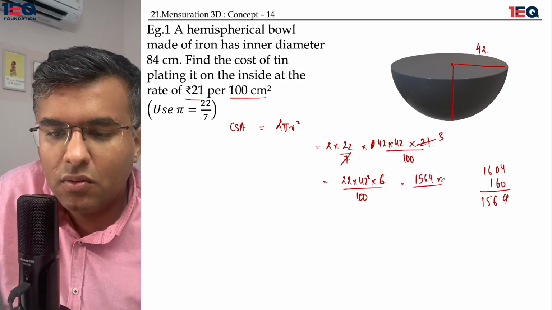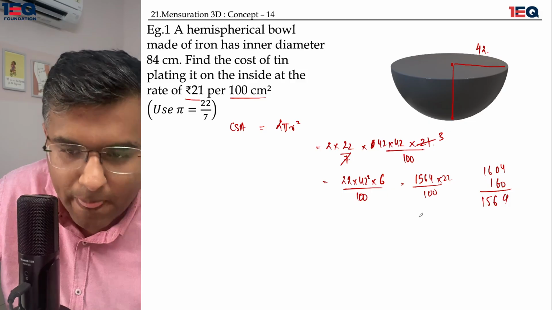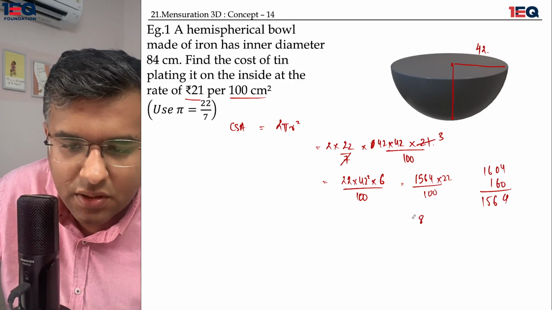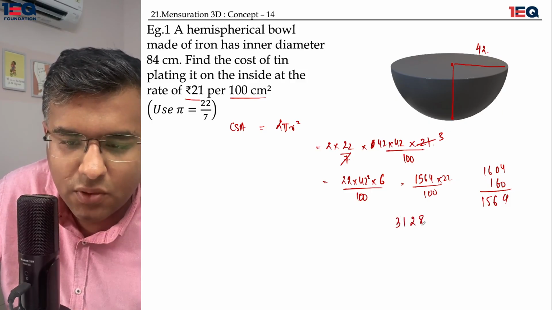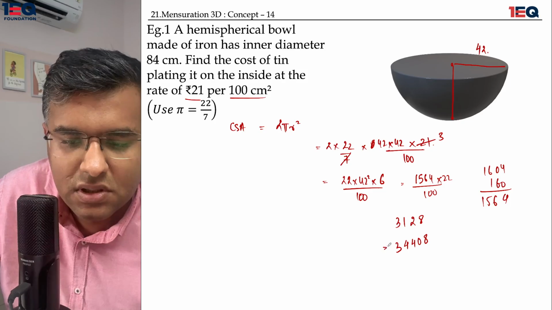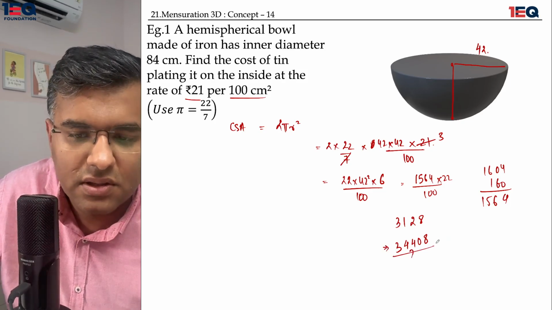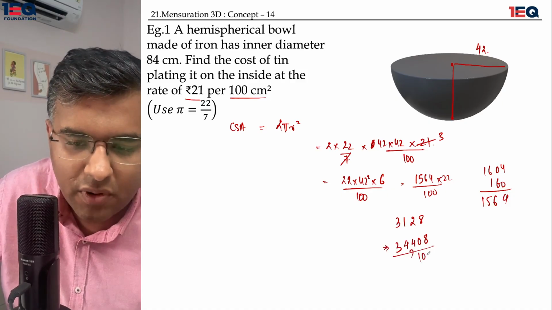1764 into 22 over 100. So it would be 2 4s are 8, 2 6s are 12, 2 7s are 14 and 1 carried is 15, 2 1s are 2 and 3, and 3 1s are 38808. Now the 8 is going to stay here. So 38808 upon 100.